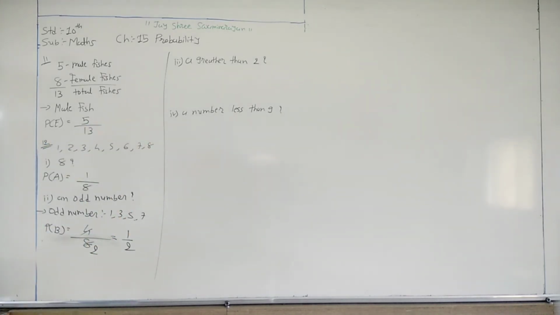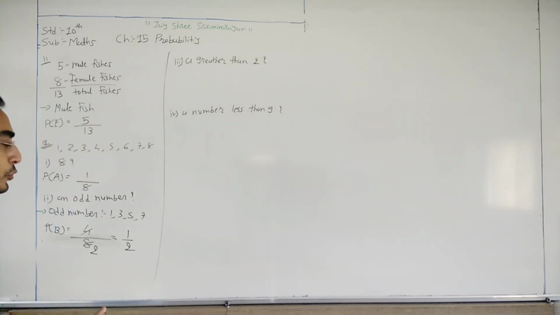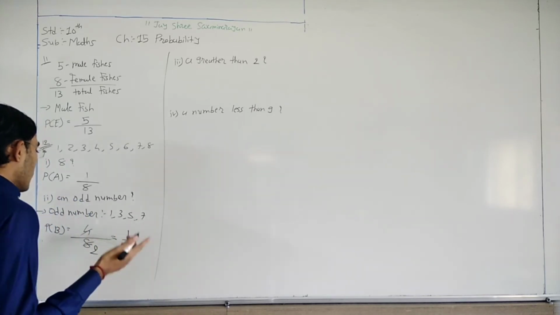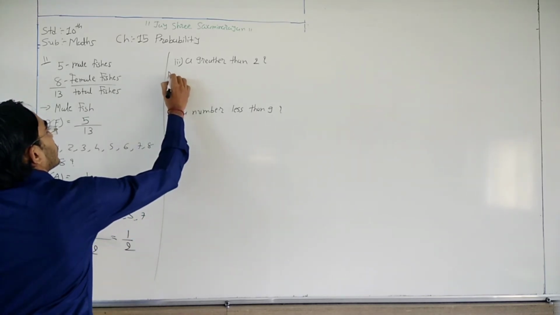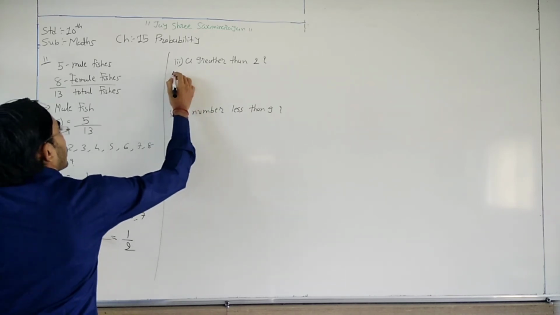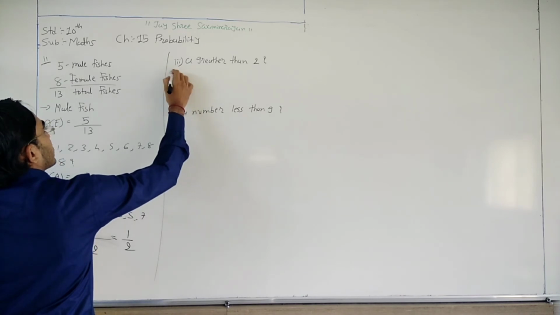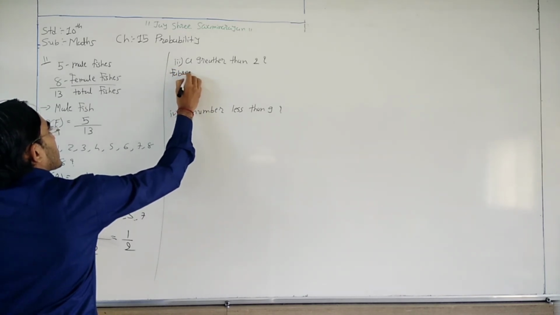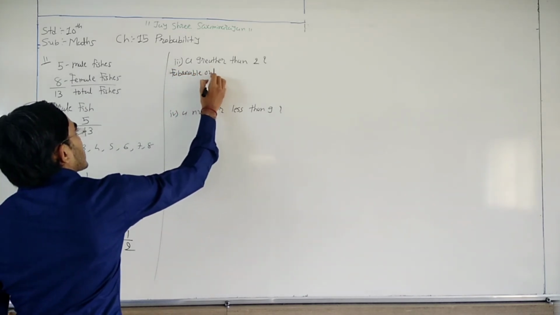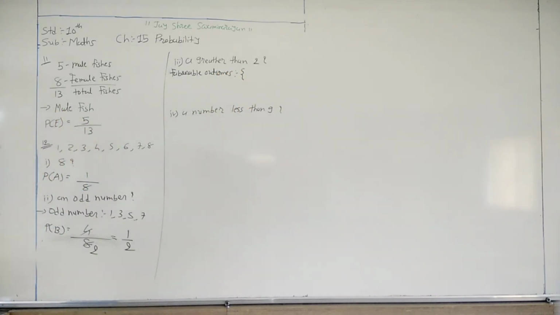After that, question number 3. A number greater than 2. So, favorable outcomes. A number greater than 2 means 3, 4, 5, 6, 7, 8, right?